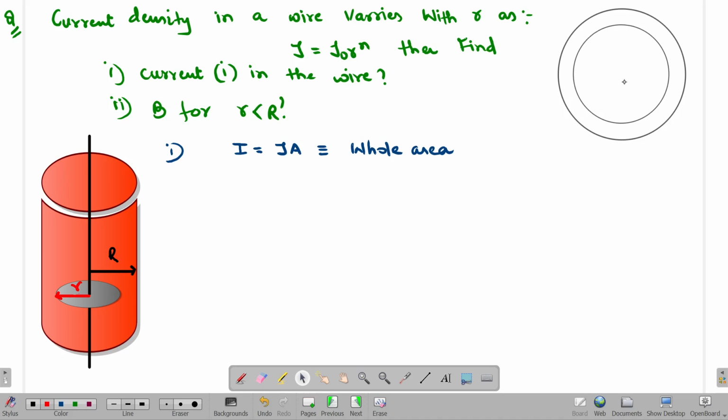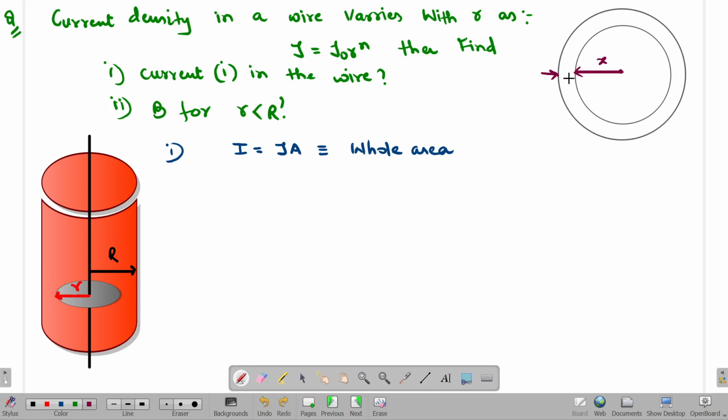So our task first of all will be to find, let's suppose I have this kind of system. I consider a ring element which has inner radius x and breadth dx. Right?